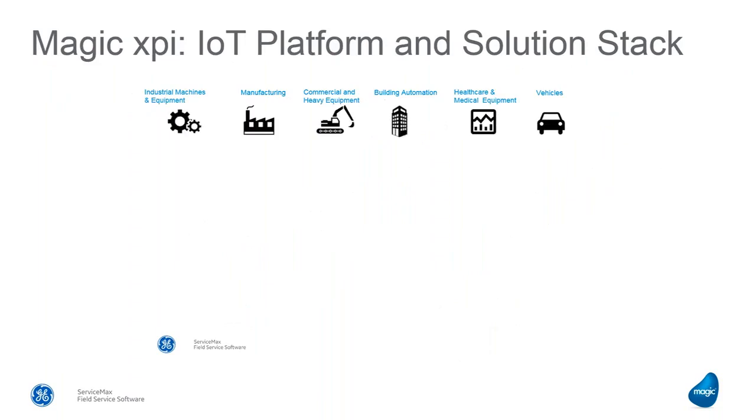Now, IoT and field service as a whole is, of course, applicable to multiple different industries, as Anna had mentioned before. General manufacturing, heavy equipment, energy, property management, healthcare, automotive, fleet management, just to name a few. These devices are going to communicate with themselves, between themselves, and with other systems.